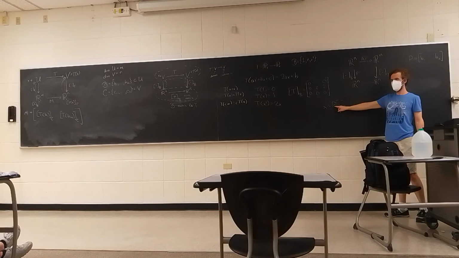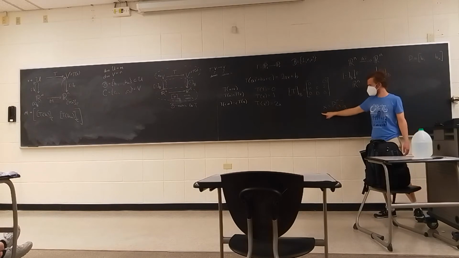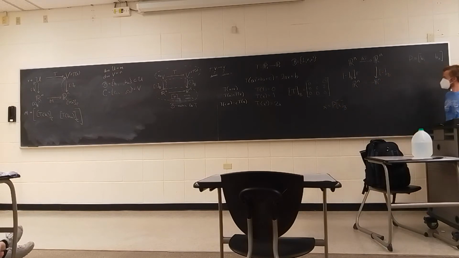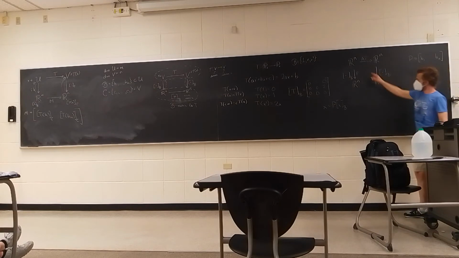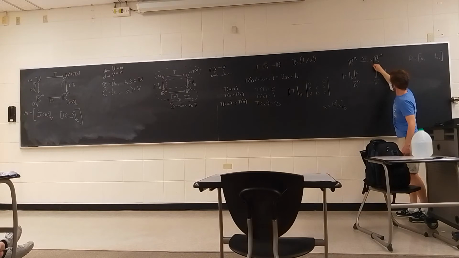And since the columns of P formed a basis, they're linearly independent, which means this matrix is invertible, so that we could multiply both sides by its inverse. So going in this direction is multiplying by P inverse. Going in this direction is multiplying by P.